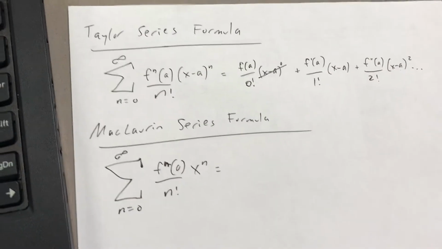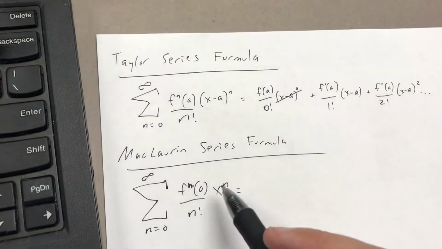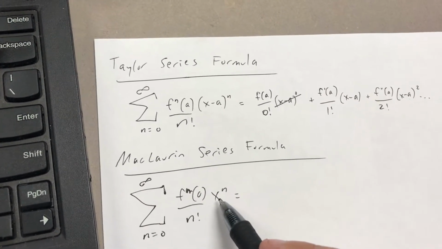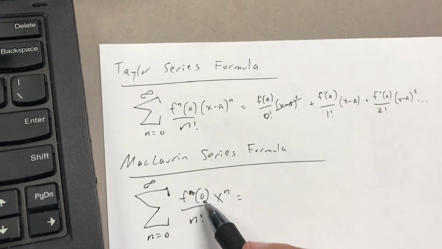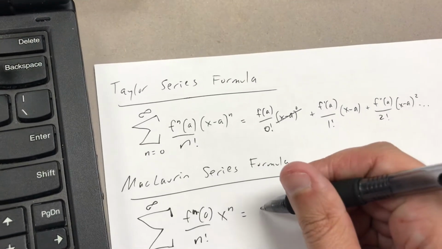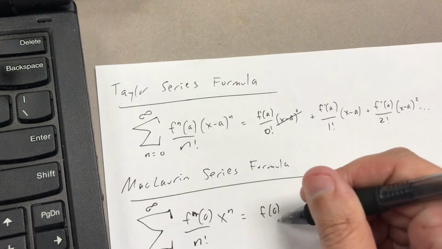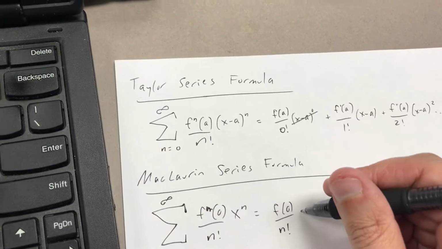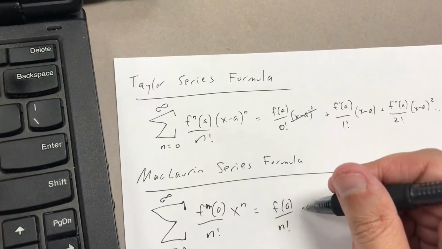Of course, we did an easier version when I developed things like e to the x. We just did Maclaurin series centered at 0. That's the same formula, the difference being that your center is 0. So instead of x minus 0, I'm just writing x to the n, and I'm evaluating at 0. You start off with the function value at 0 divided by 0 factorial times x to the 0, which is 1.